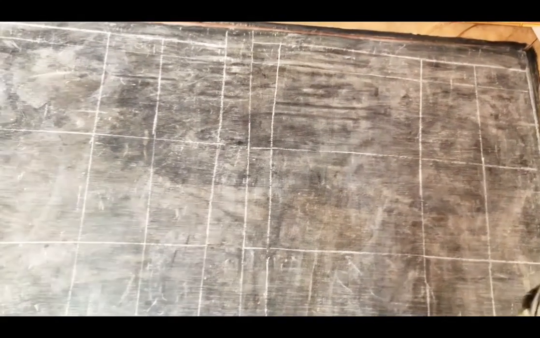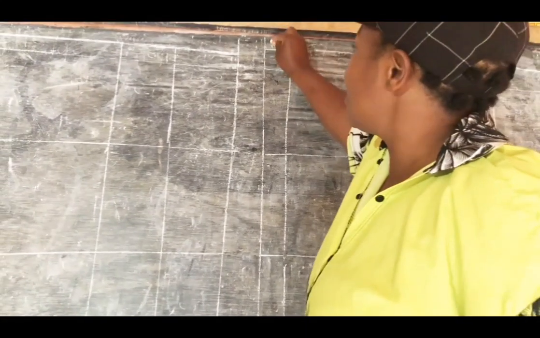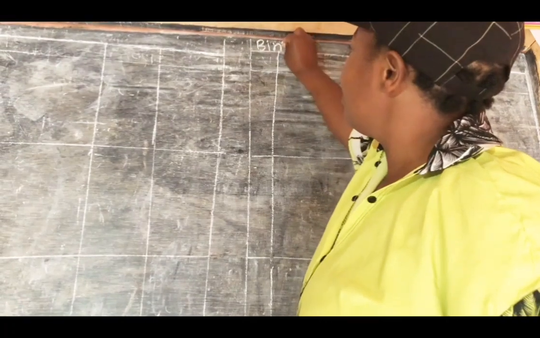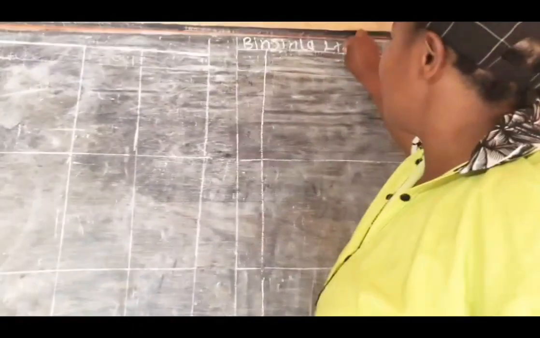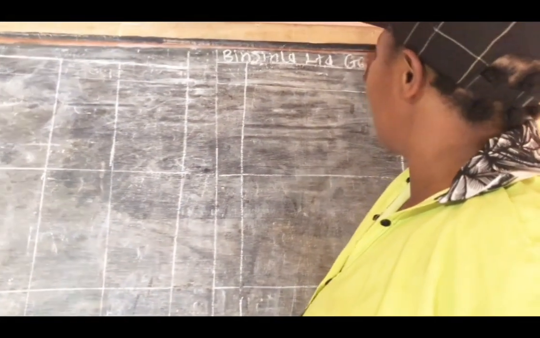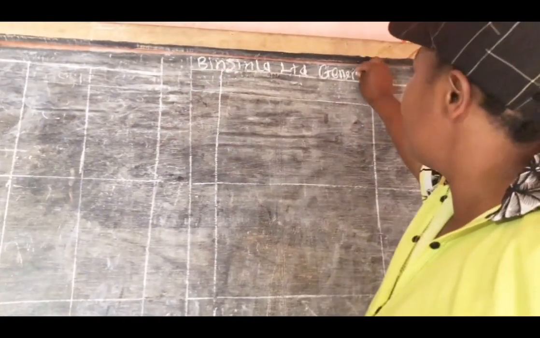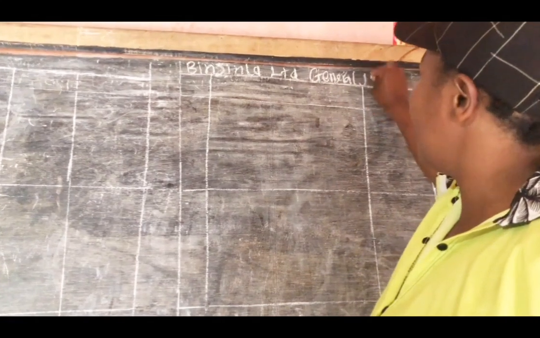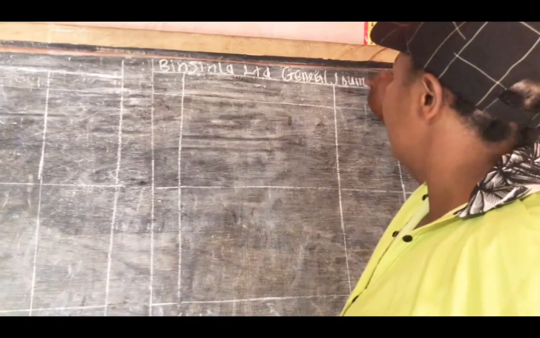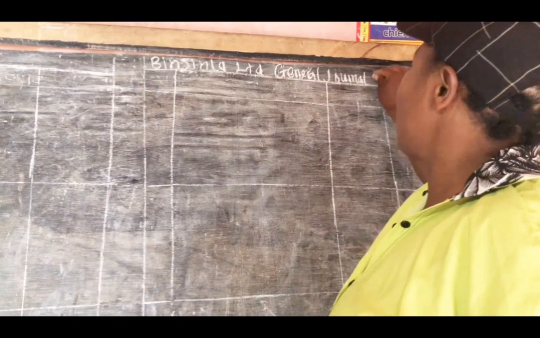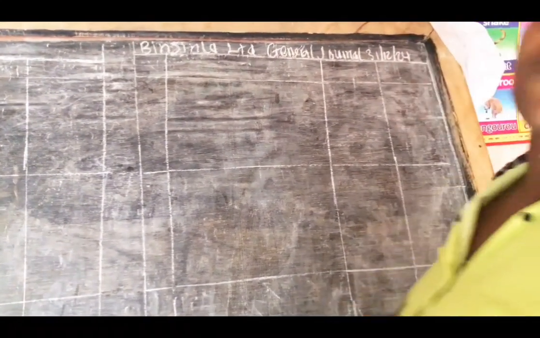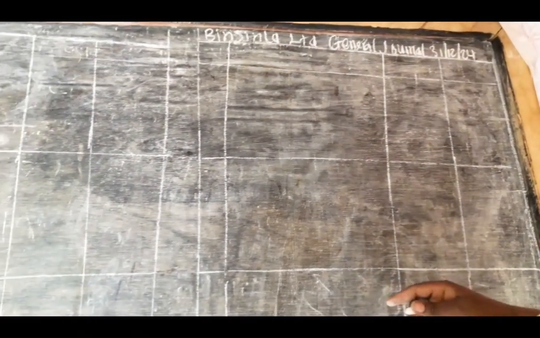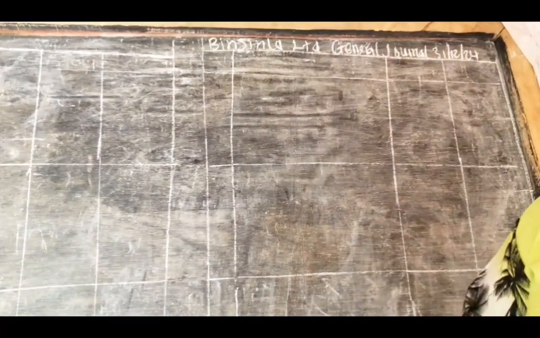So the first thing to do is to write Binsila Ltd. General Journal. And we write the date 31st December 2024. Remember, this date is quite important.